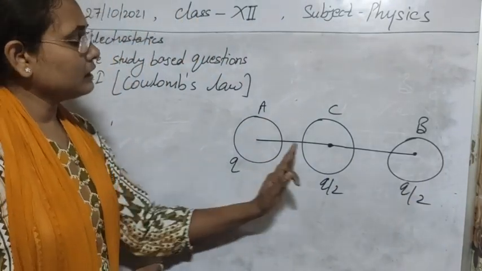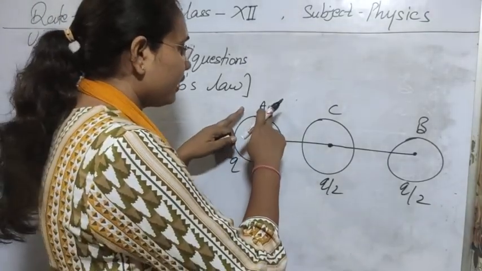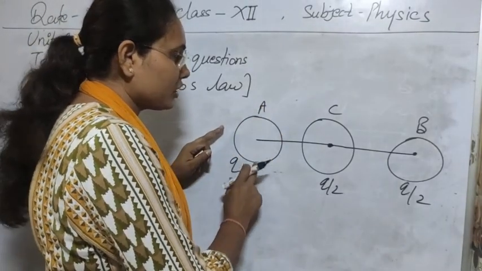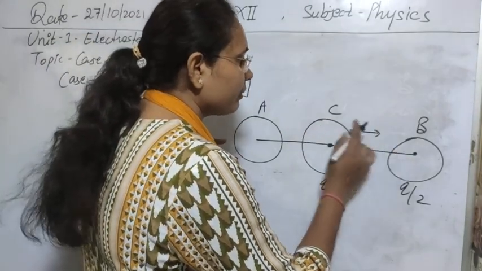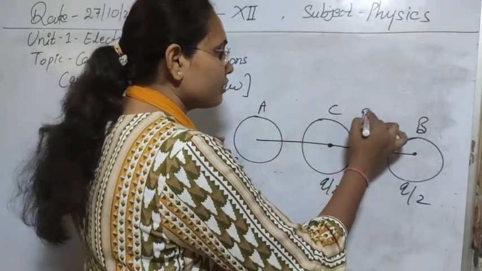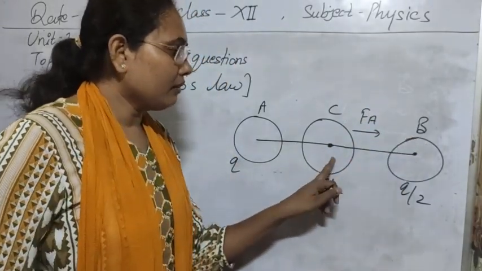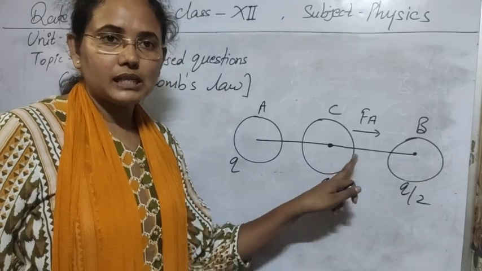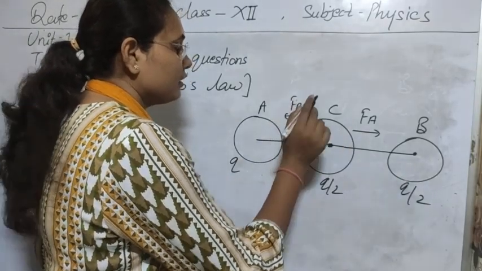As these three charges are like charges, sphere A due to charge Q will repel sphere C. The repulsion will be away from each other, so this will be the direction of FA. Sphere B will also repel sphere C due to their like charges, so it applies a force in this direction.